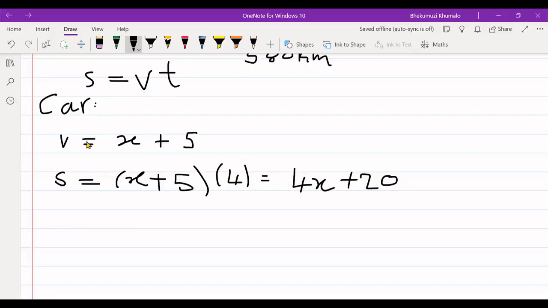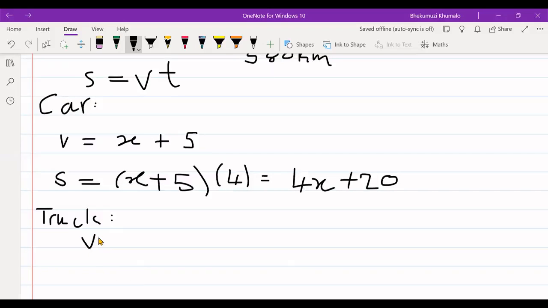But now we ask ourselves about the truck. Because we are trying to figure out what the speed of the truck is, we've actually already assigned it.